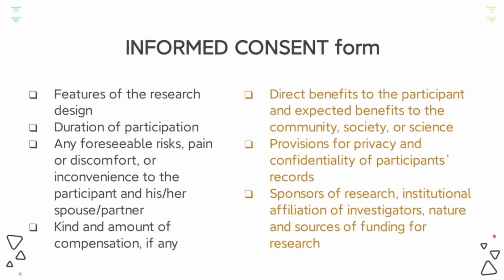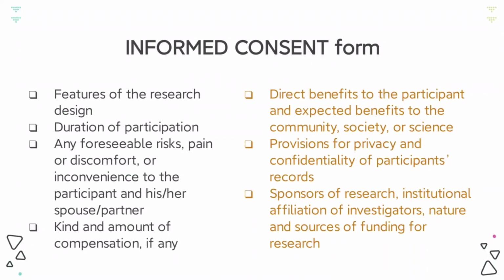So basically, even though the data collected from these participants are considered anonymous, how long will you keep them? Until when will they be with you? Okay? Then lastly, sponsors of research, institutional affiliation of investigators, nature, and sources of funding for research.